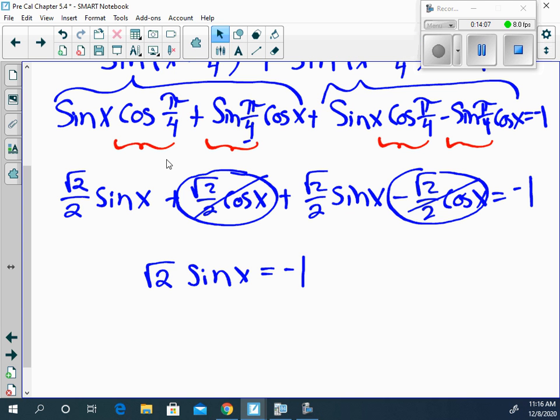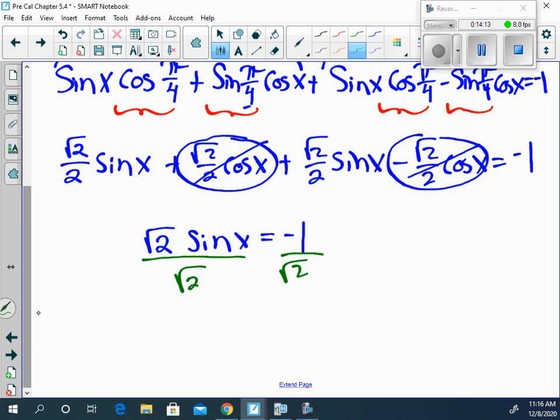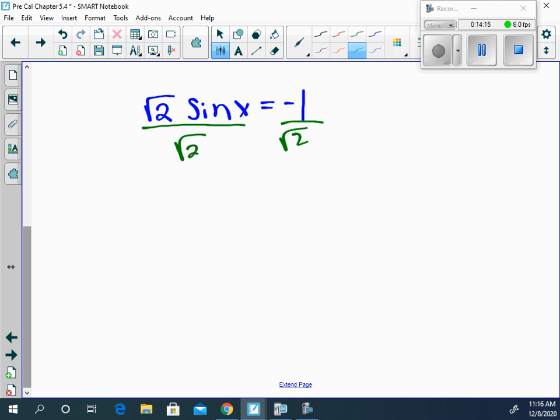So sine of x would equal negative 1 over square root 2, which is negative square root 2 over 2. Questions on this here?